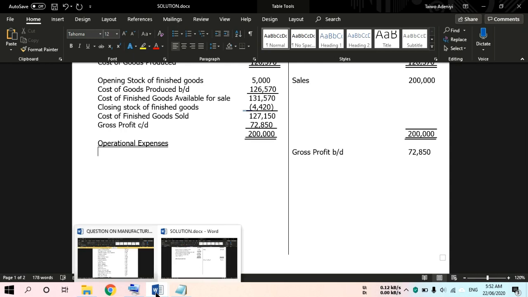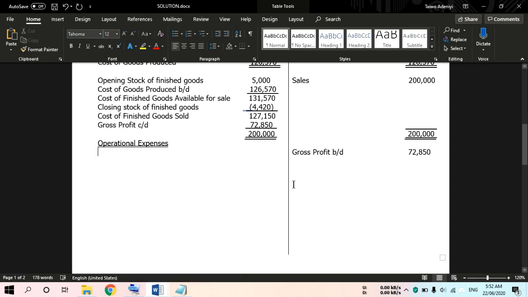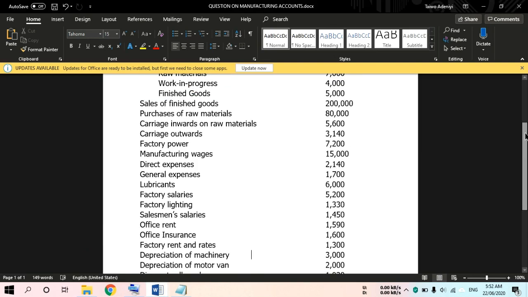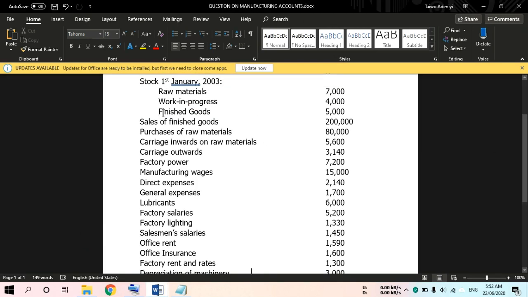So we'll add up all the expenses together. Now let's start from the beginning to check the expenses. No, stock is not, sales, purchases, carriage inwards, no, carriage outwards. So the first one we're going to write here is carriage outwards, which is 3,114 naira.